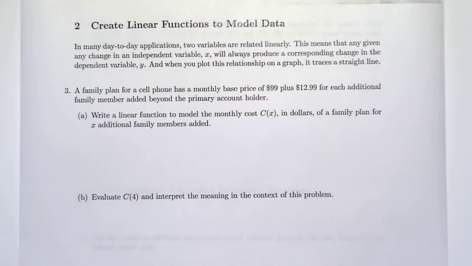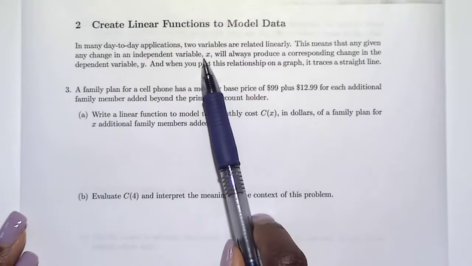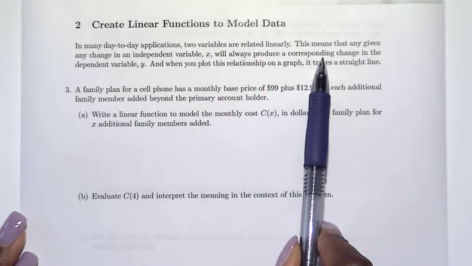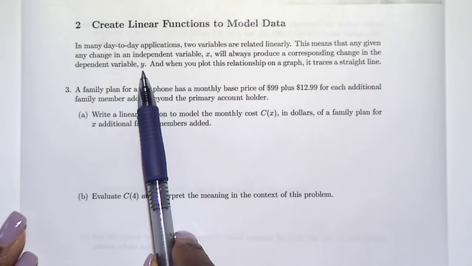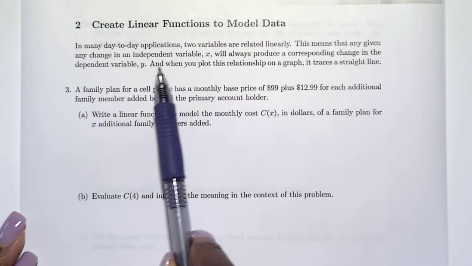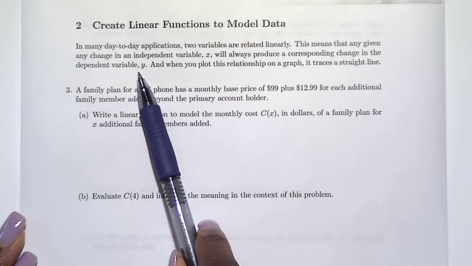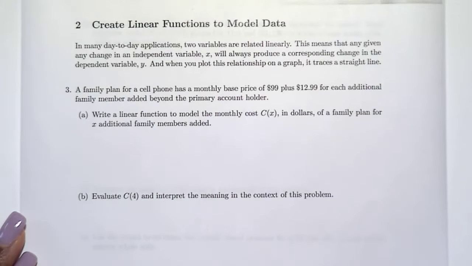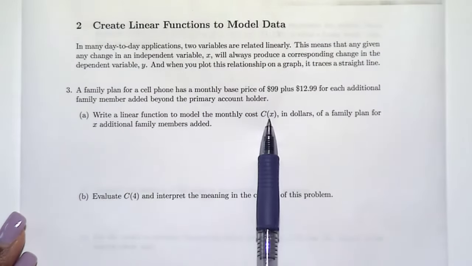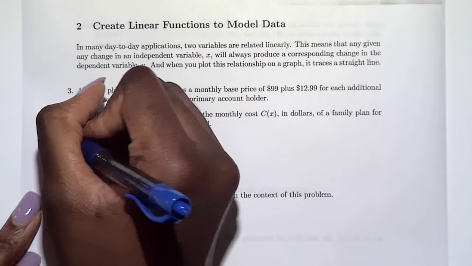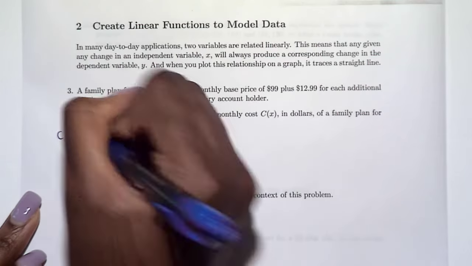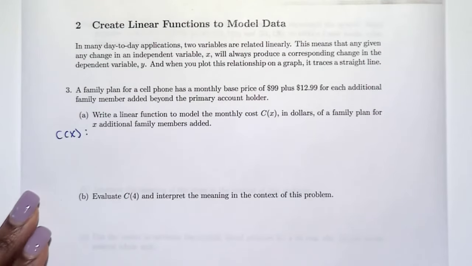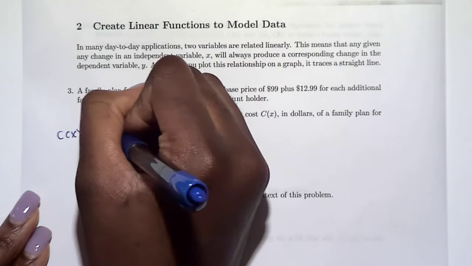Before we jump in, let's figure out what our variables are, what we're going to call them, and what they represent. The independent variable x will always produce a corresponding change in the dependent variable y. So what is our input and what is our output? We want to model the monthly cost. That's our output. So whatever we get for C of x is going to be the monthly cost of this plan.